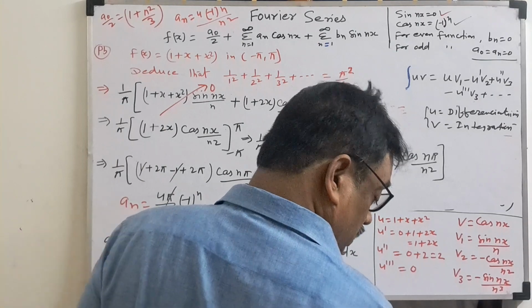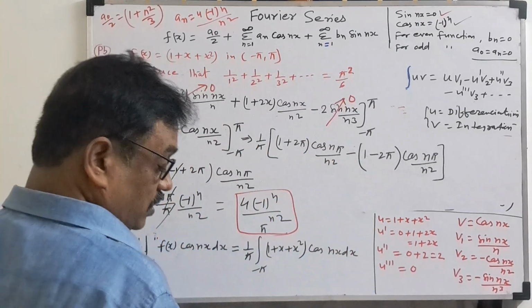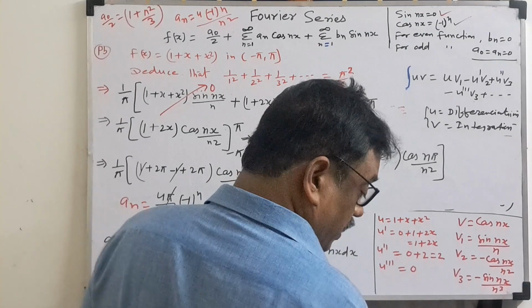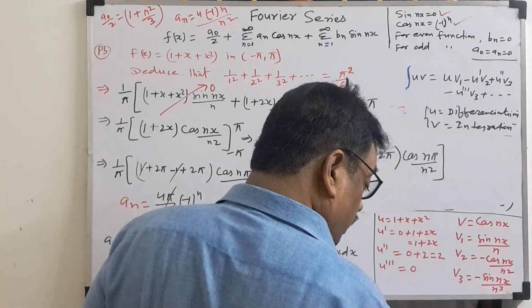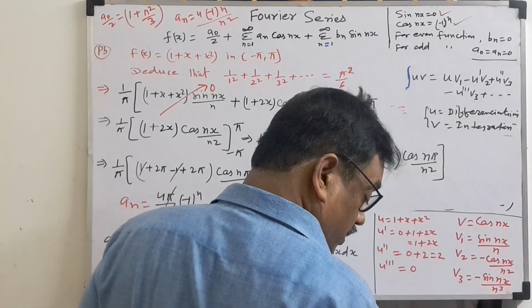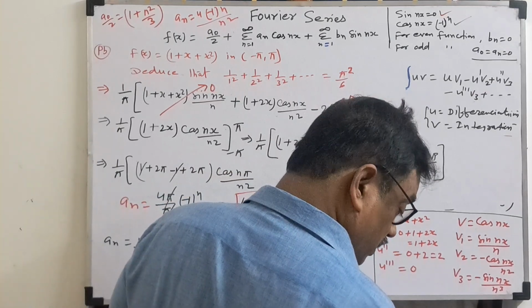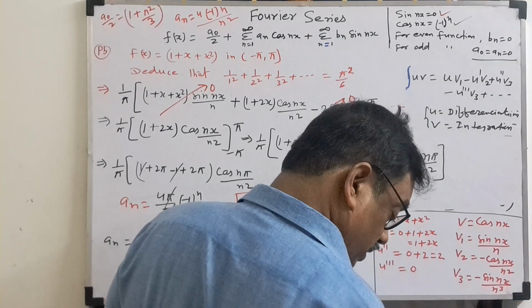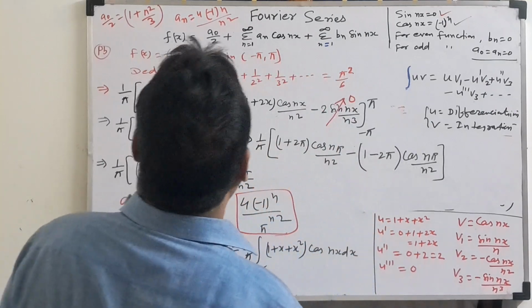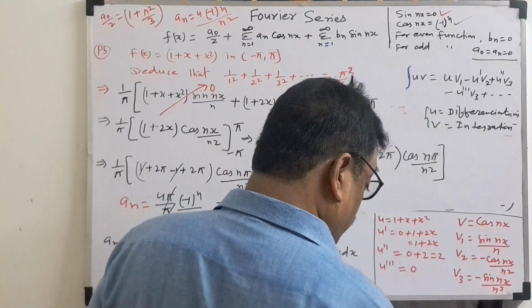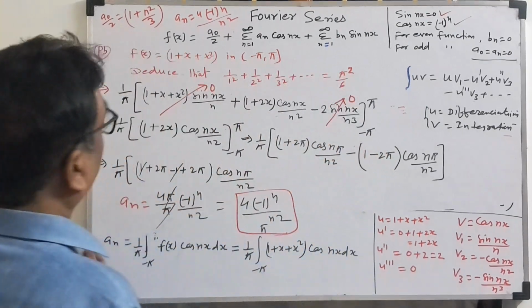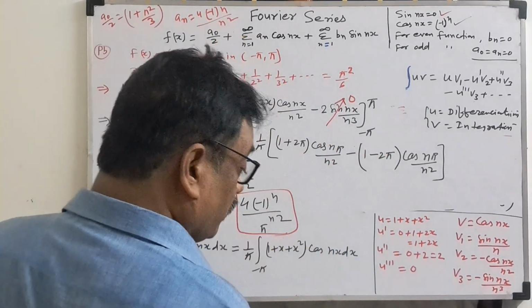Okay, so we'll check once. a0 is correct, and an will be correct only. So this is a0. Okay, an we got 4 minus 1 power n by n square.